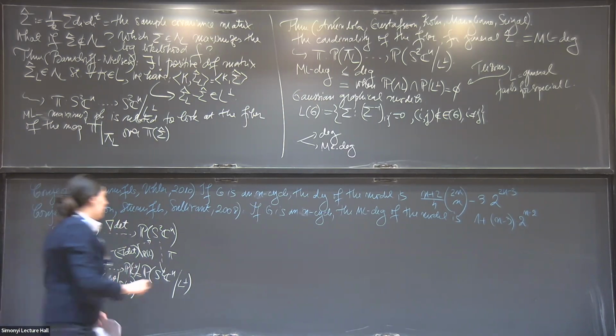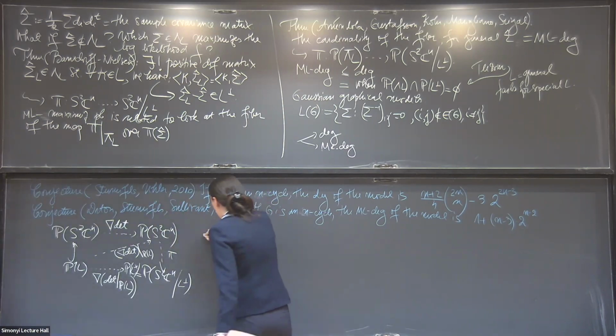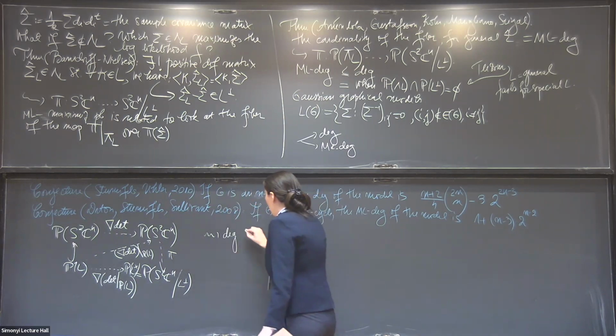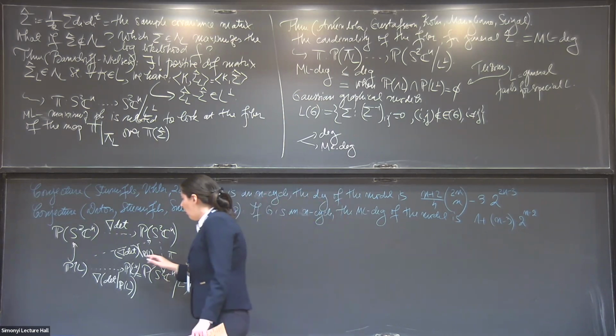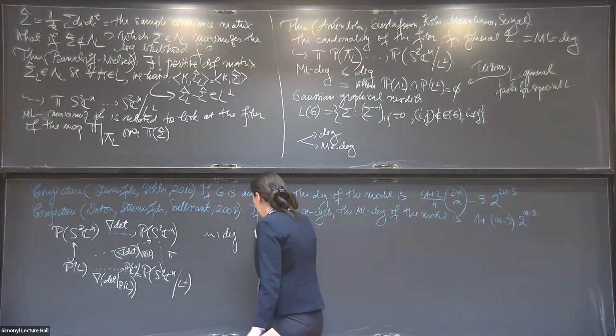And in particular, I can read, let's say, the degree of our model by looking at the last integer in the multi-degree of the graph of the diagonal map.